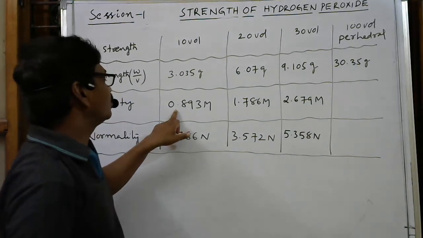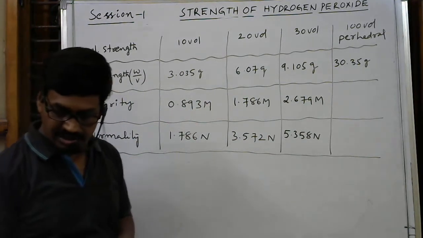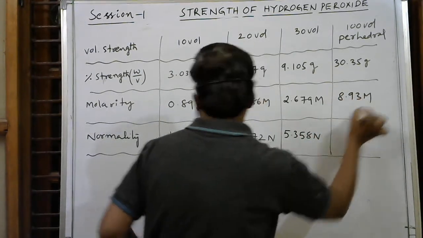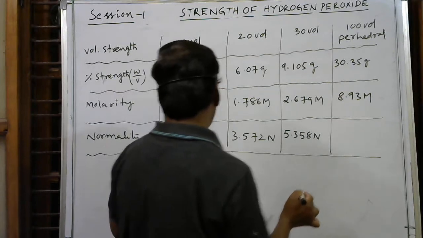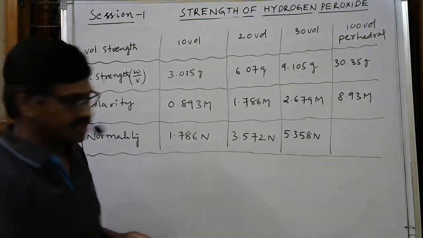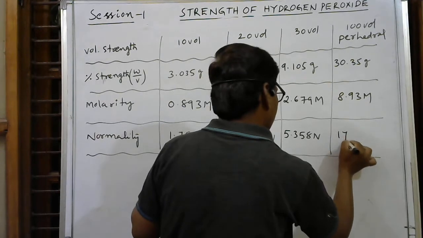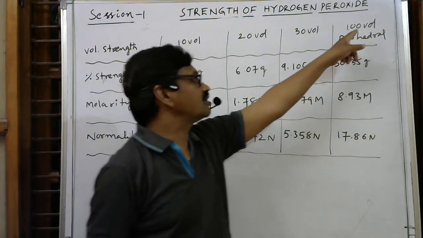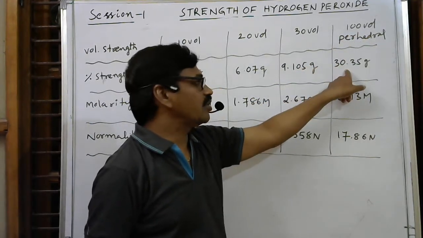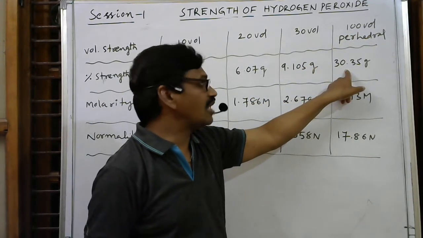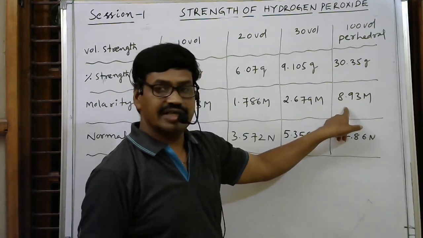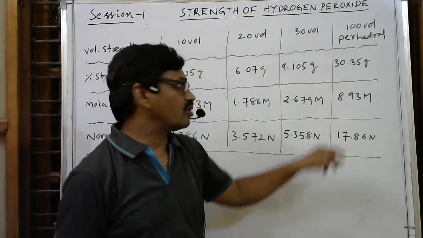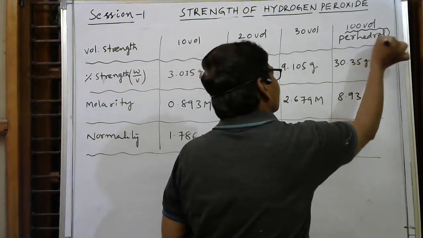It is into 100, so you get 8.93 M. Here also into 100, it is 17.86 N. So 100 volumes of hydrogen peroxide, or 30.35 grams percentage by volume of hydrogen peroxide, or 8.93 molarity of hydrogen peroxide, or 17.86 normality of hydrogen peroxide is called per hydrol.